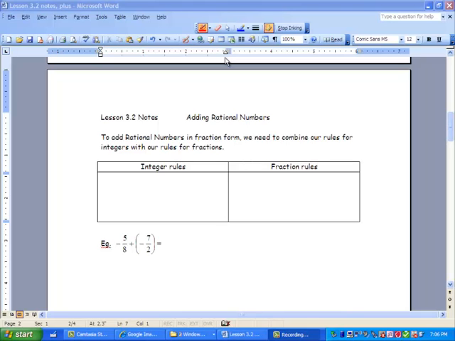To add rational numbers in fraction form, we need to combine our rules for integers with our rules for fractions. In the first unit, we talked about integers.